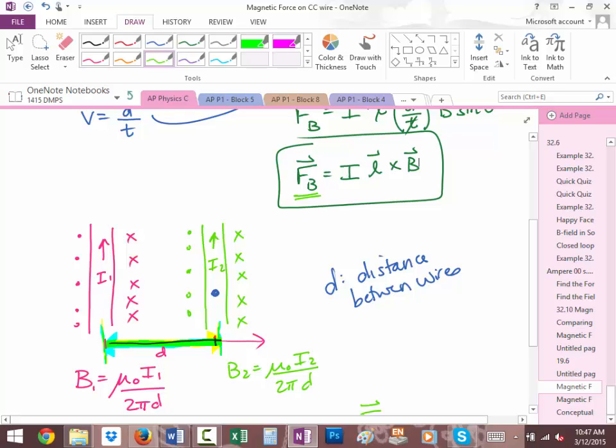So this is the current in the wire. And it's not just that there's a current, but that there's a current somewhere near or in a magnetic field. So this is the magnetic field that it feels, B2, that the wire is in. Does that make more sense? Okay.